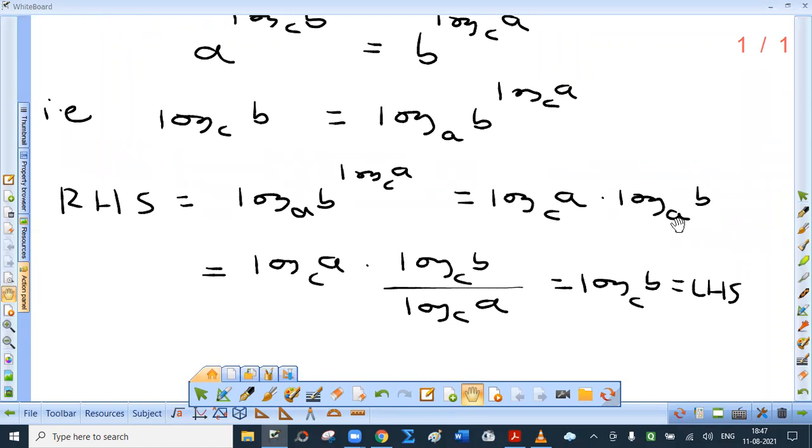I will change this base to c. So what is the rule? Log b to the base a, log of any number to the old base is log of same number to new base, which is c, upon log of old base to the new base. Now log a to the base c gets cancelled. What remains is log b to the base c. This is nothing but left hand side. Hence the result.